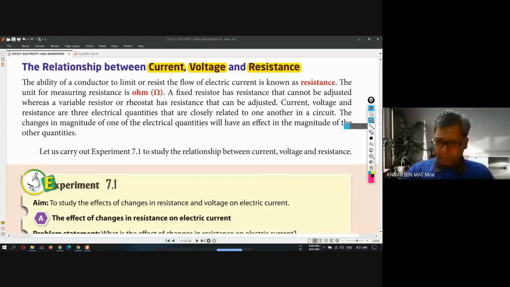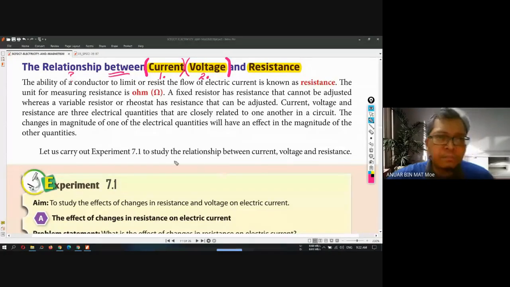Between means there must be two parameters. So, for example, number one is current and number two is voltage. What is the relationship?